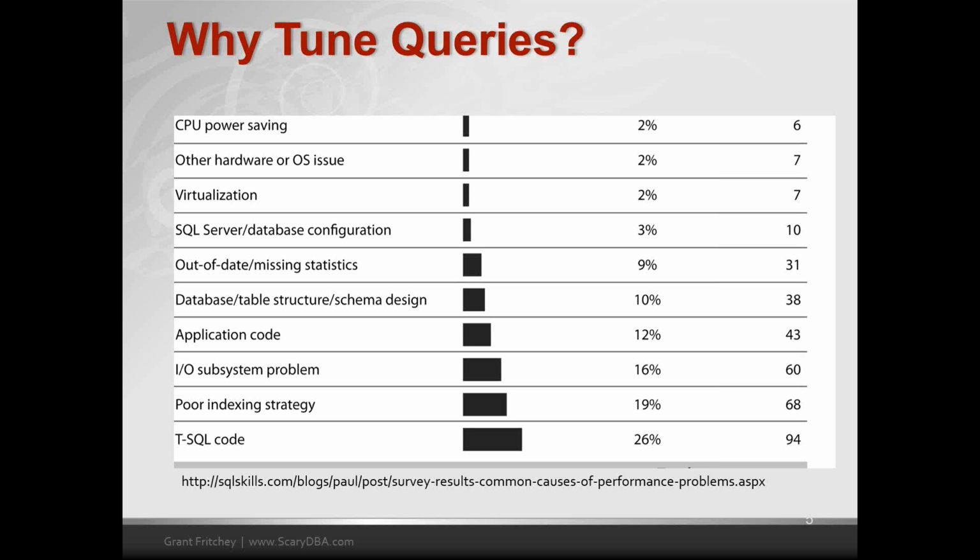Okay, 75%. Cool, that makes it better. The key thing is, and by the way, I was told there would be no math, the key thing is that there are a lot of reasons to tune queries. You can't always throw hardware at the problem, and as we've just seen in my badly done math, 74% of the problems are coming out of queries.